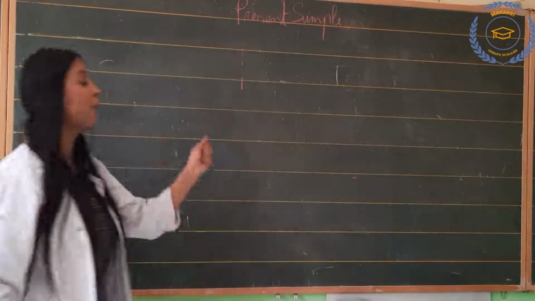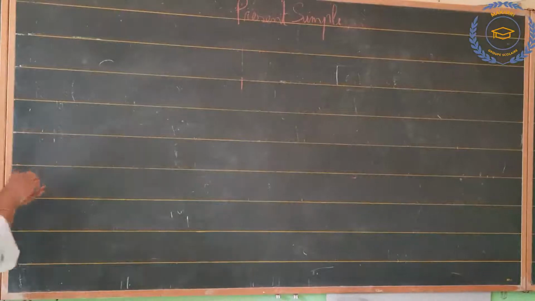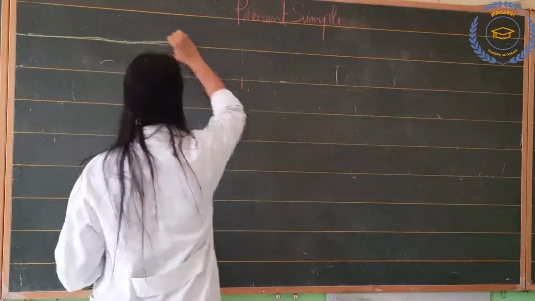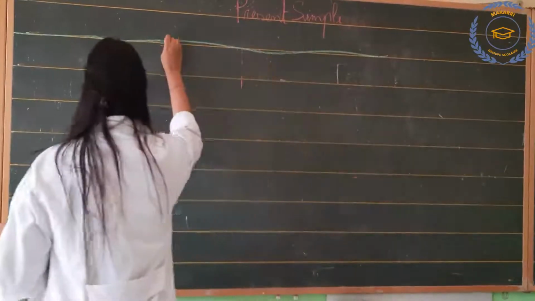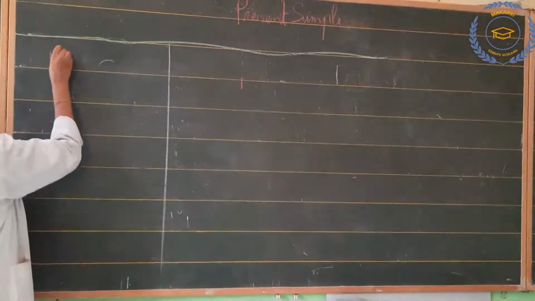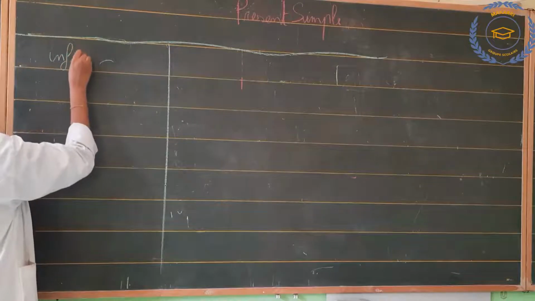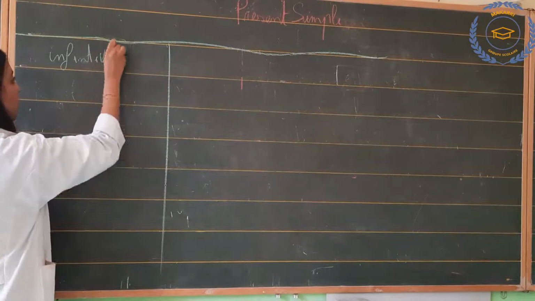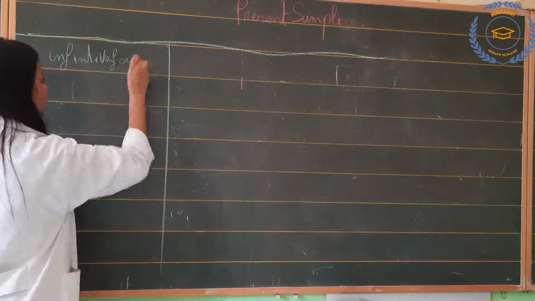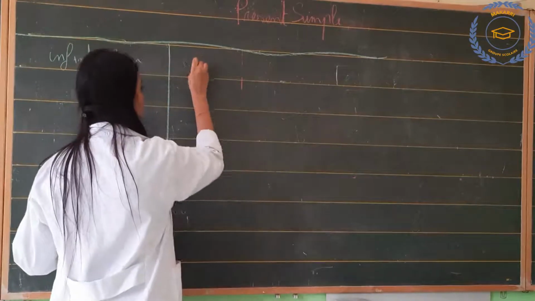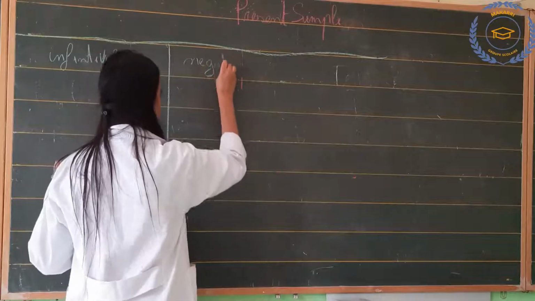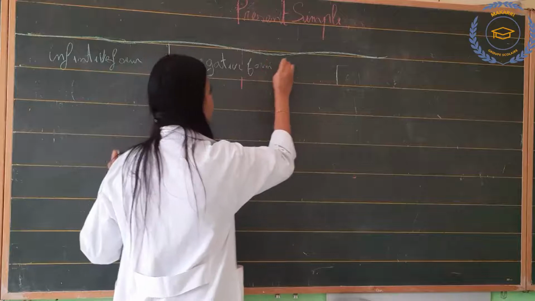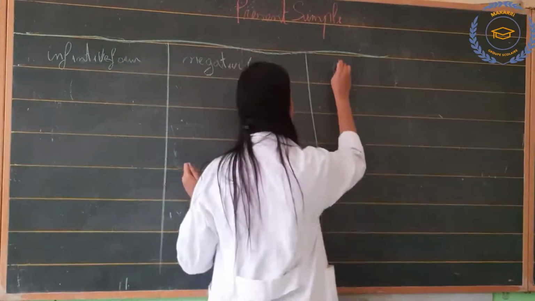I'm going to divide the board into three sections: infinitive form, negative form, and question form.